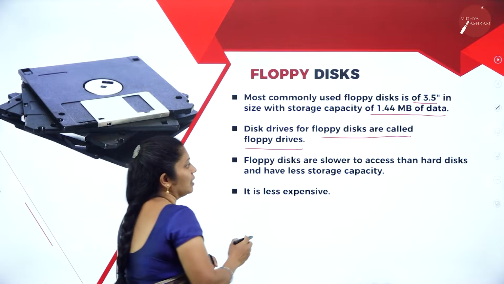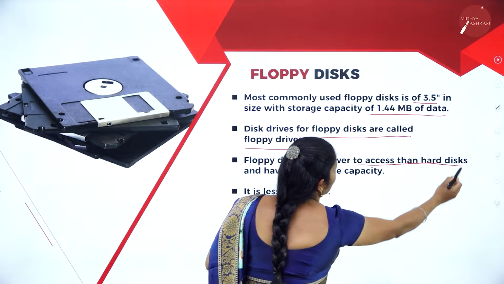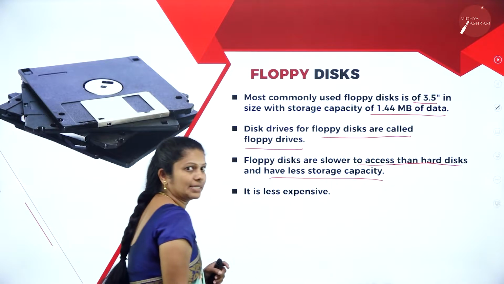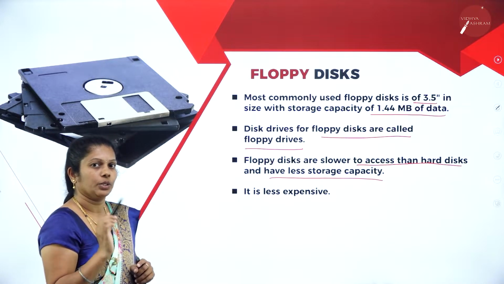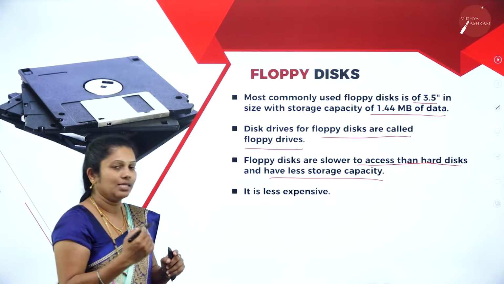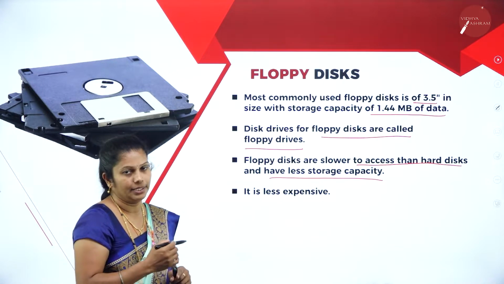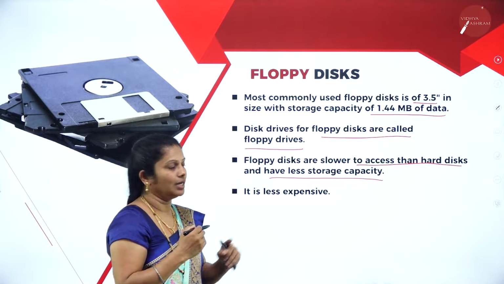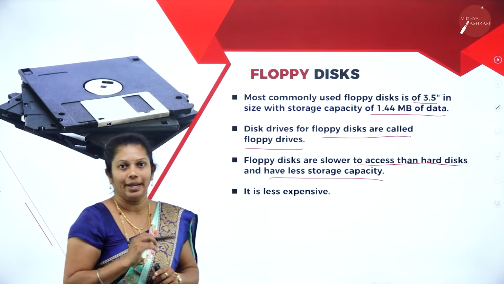And floppy disks are slower to access than hard disks and have less storage capacity. Already I told you, compared to a hard disk, the storage capacity is very low as well as it is very slow, because a hard disk contains multiple disks, whereas here only one plate, only one disk.